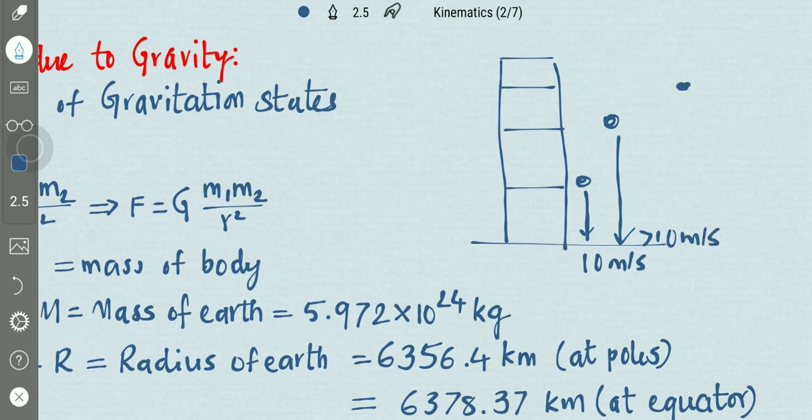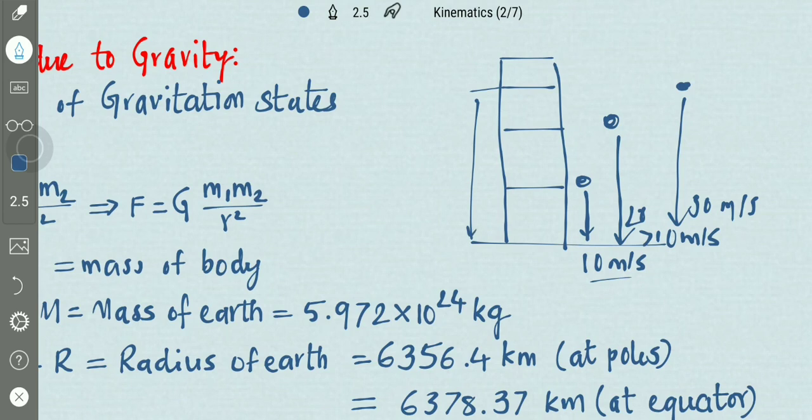And if you throw from third floor, it is more again, for example, say here 20 meter per second, here say 30 meter per second. So by increasing the distance, the velocity with which it is reaching the ground is increasing, which means the velocity is increasing with the travel distance.